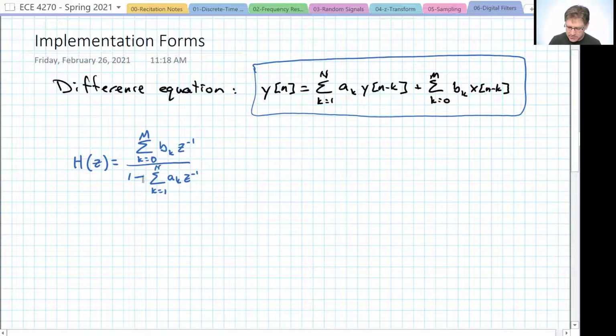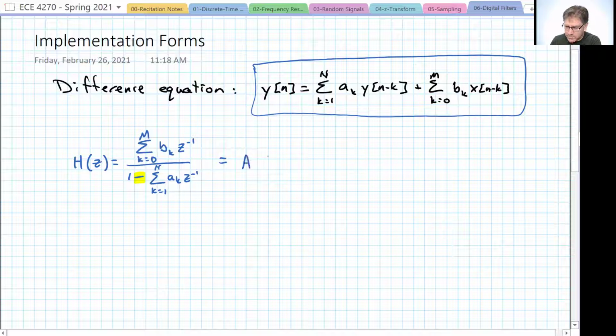So this negative sign here comes from the fact that when we find the system response, we have to move the y terms over to the left hand side, and so now, whereas they were positive, now they become negative. We're actually going to look at ways of implementing filters, and many of them come from different manipulations of this equation. So manipulating the z-transform system function will suggest specific implementations.